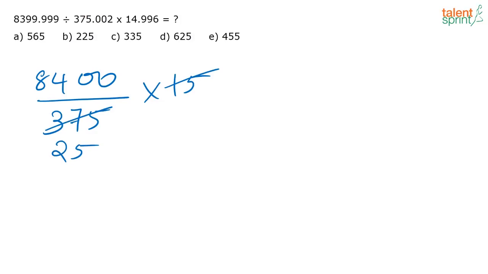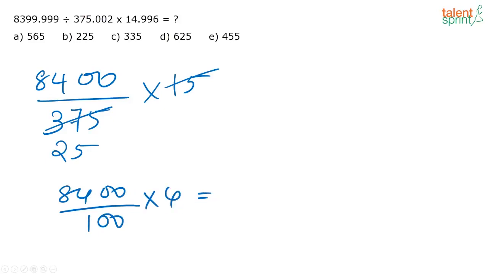So 8400 divided by 25, correct? Now again I told you, when you divide by 25, you can write it as 8400 by 100 into 4. You get it as 84 into 4, which is easy to do, right? 336. So 336 is your answer. The closest option here is 335.